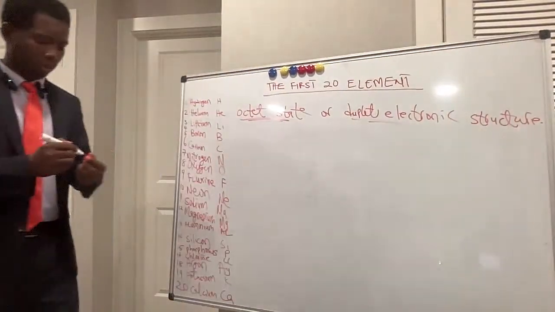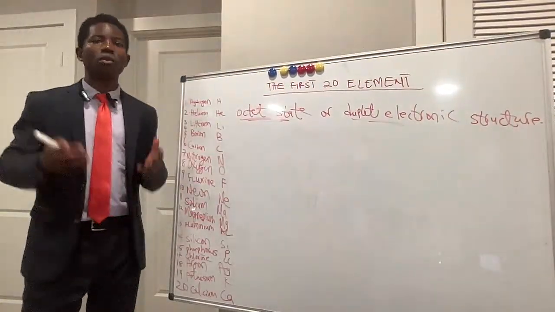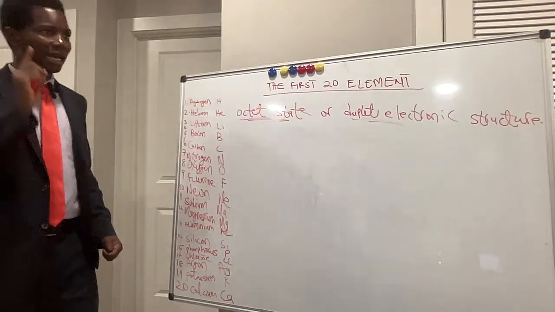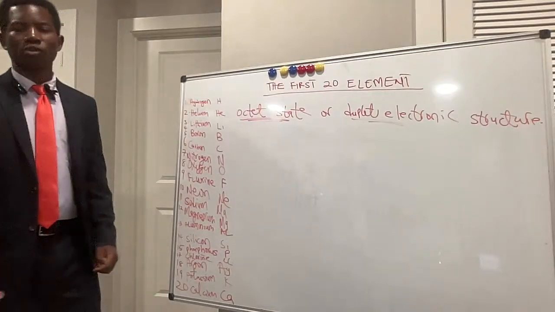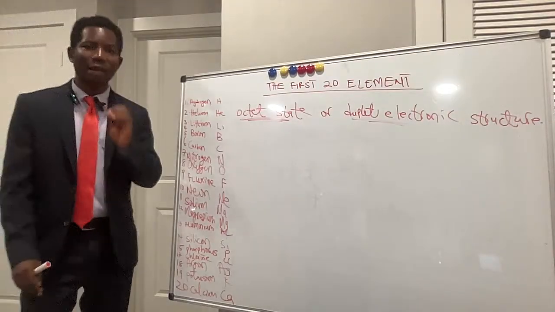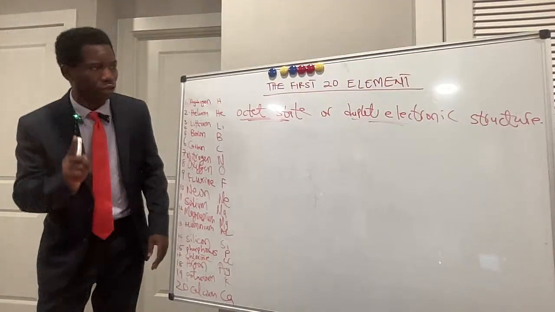What does that mean? Every element wants its outermost shell to have exactly 8 electrons, or 2 electrons. They want their outer shell to have exactly 8 electrons, or 2 electrons.